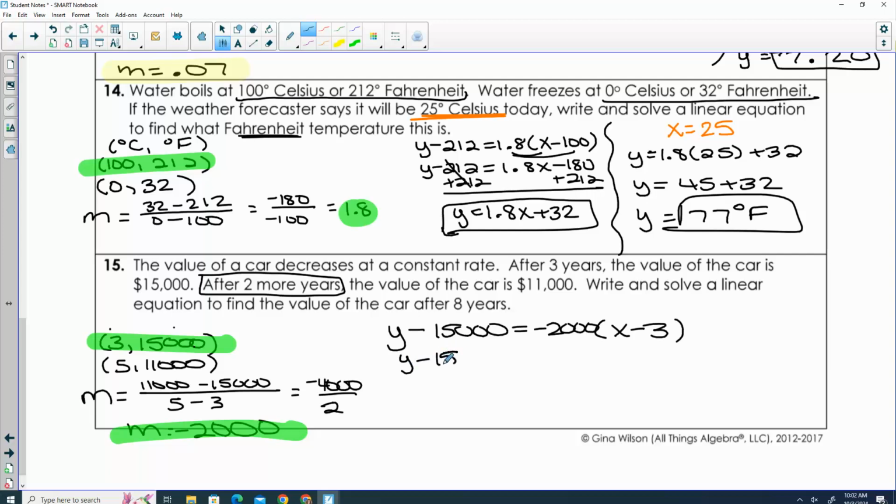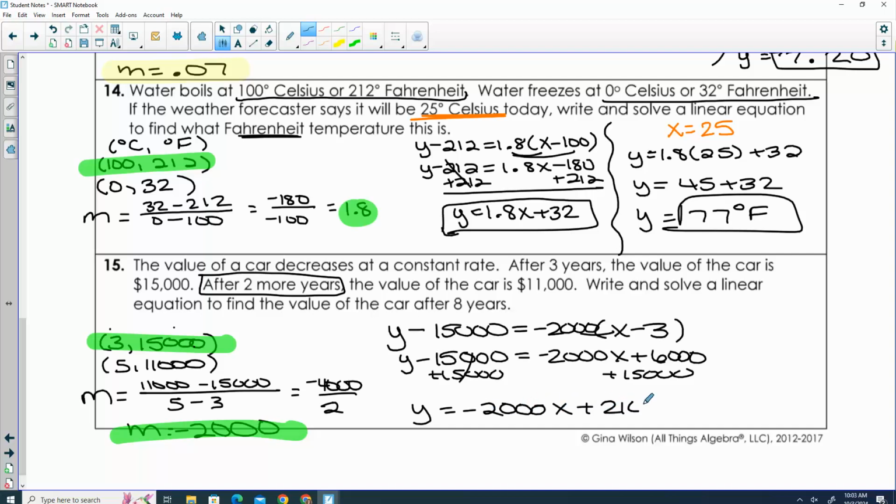So y minus 15,000, distribute, so negative 2,000 x plus 6,000. Jetta, what do I do next? So we get y equals negative 2,000 x plus 21,000. So now we finally have our equation.